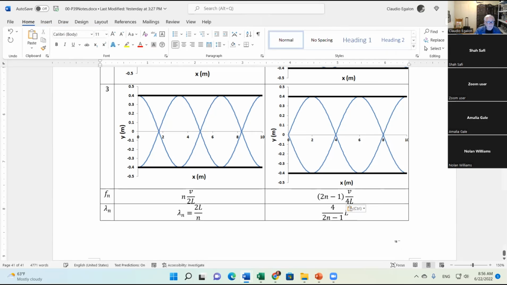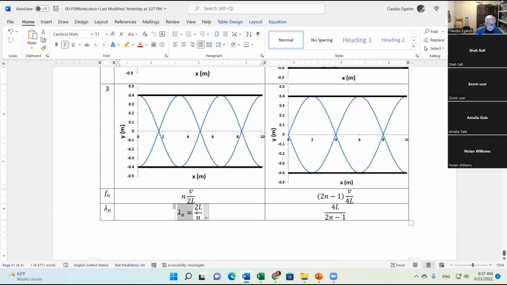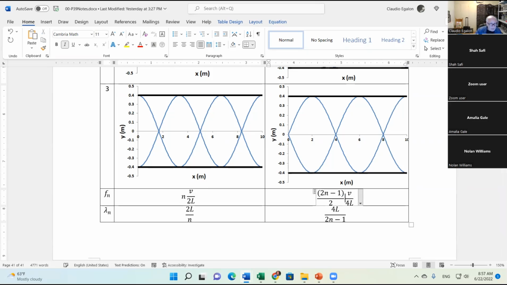Like that. I want to put 4L here. What's n in 1? Oh, I don't need this lambda equal, right? n in 1 becomes 2n minus 1. Even better. I'm going to put a 2 here.